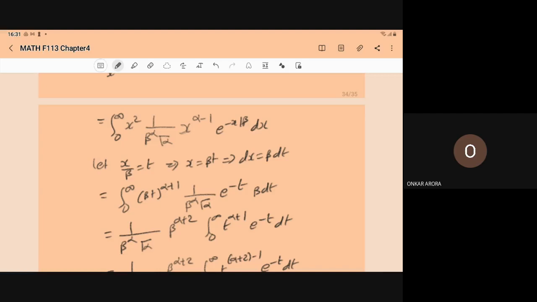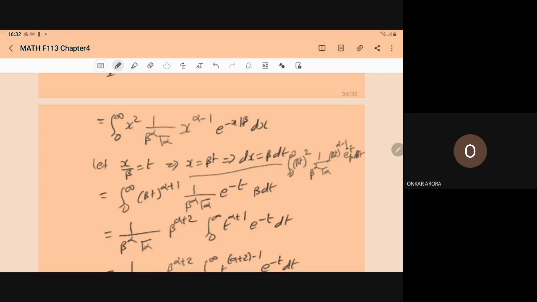So when we substitute, here you will get integral 0 to infinity, in place of x we put beta t. So it will be beta t square, 1 upon beta to power alpha gamma of alpha, x to power alpha minus 1 means beta t to power alpha minus 1, and e to power minus t, into beta dt.